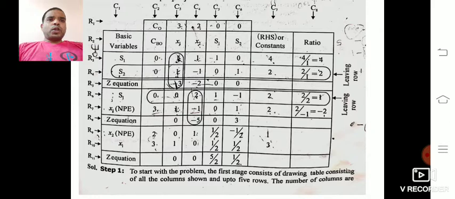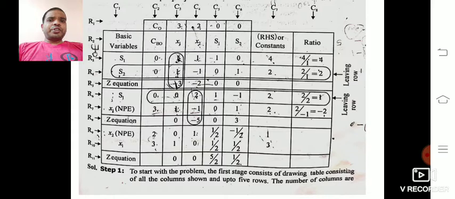Please remember, old element for S1 is 1, for the x1 it is 1, minus its entering column coefficient. The entry column coefficient, which is under the entry column circle, is 1, that is 1 minus 1 into 1.